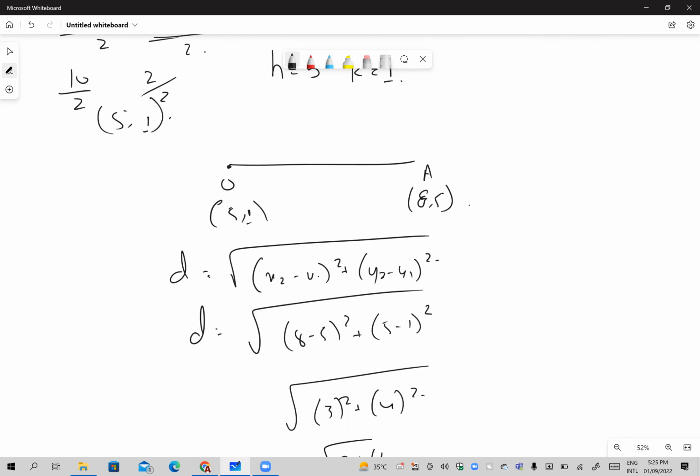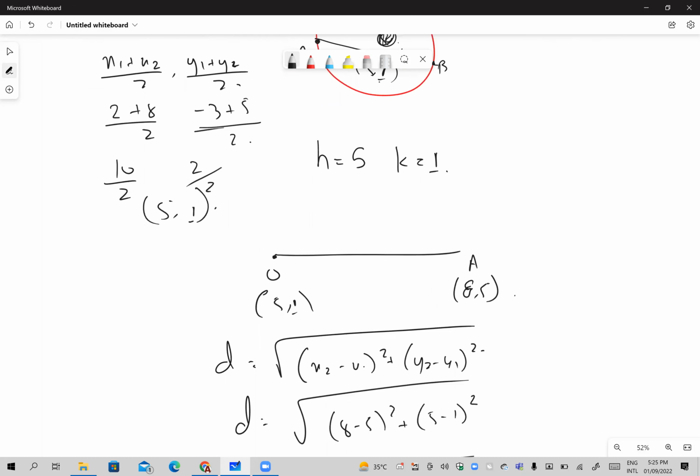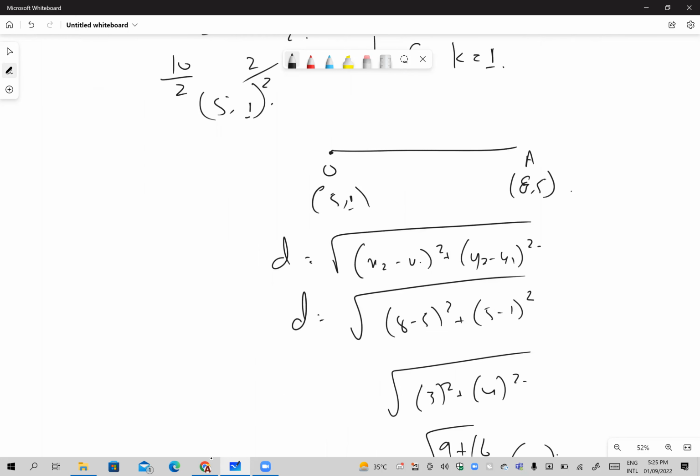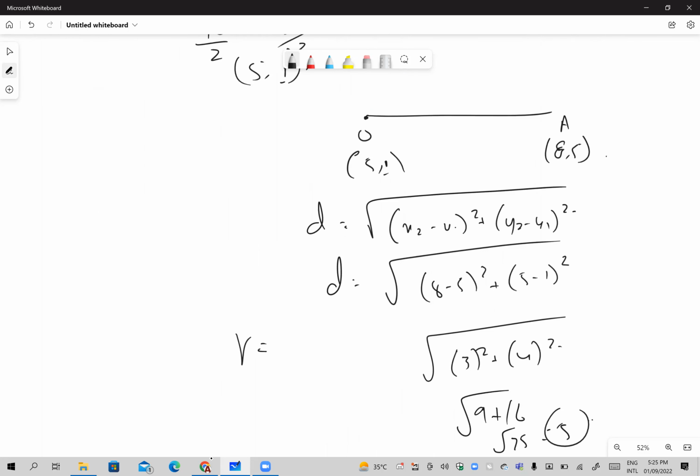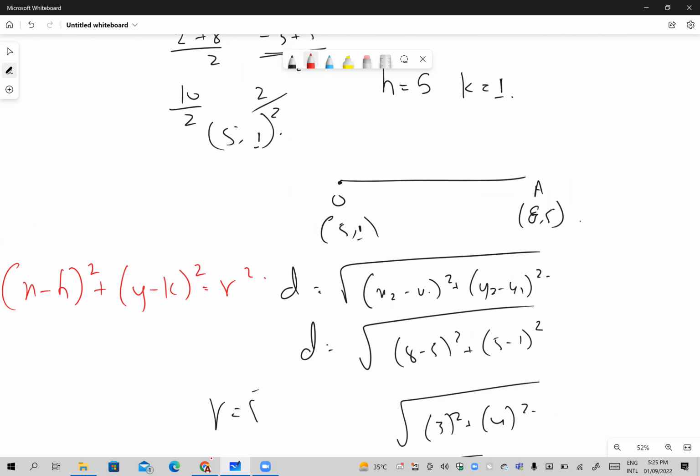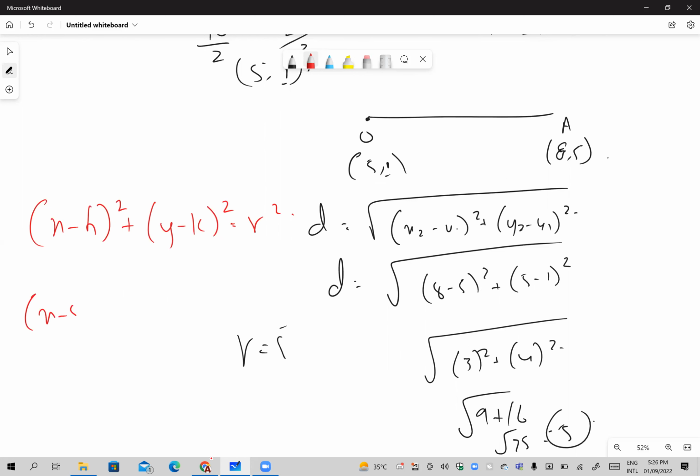Okay, so radius is 5. The equation of a circle is (x minus h) whole square plus (y minus k) whole square is equal to r square. What was h? h was 5. So (x minus 5) whole square plus (y minus 1) whole square is equal to 25.